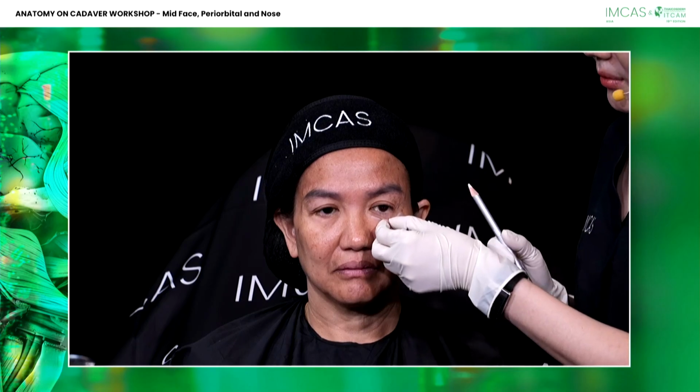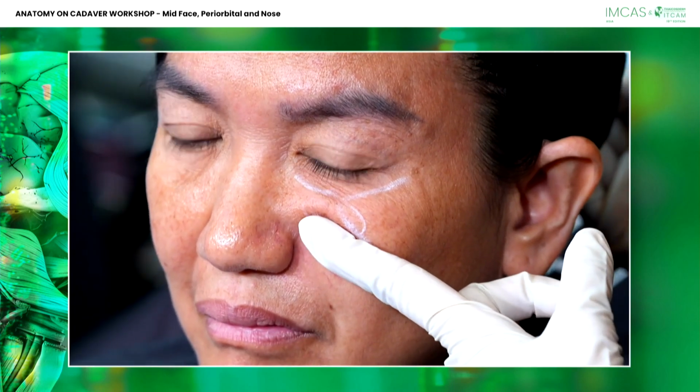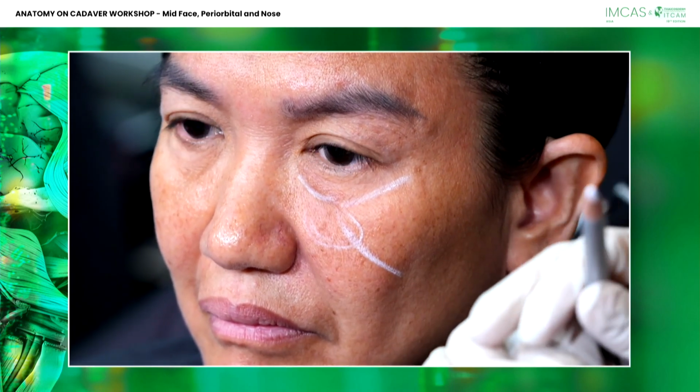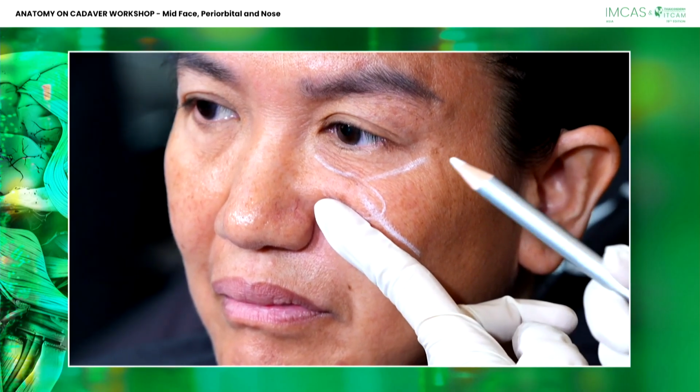I think she has not thin skin, not much thin skin. And the last, I test with the push test. If the push test is positive, it means it's a volume loss.